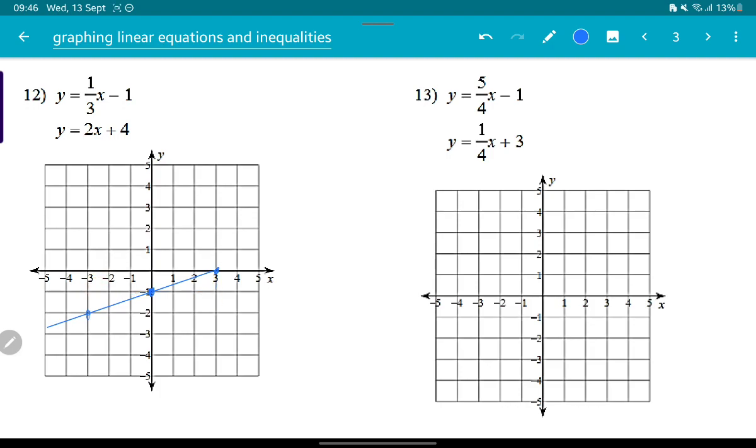They will have the same slope, which is positive. The second one, starting from 4. Okay, we can go 1 unit right with 2 up, or 1 unit left with 2 down, and they will intersect at this point. So the answer of this system here is this point, which is -3 and -2.